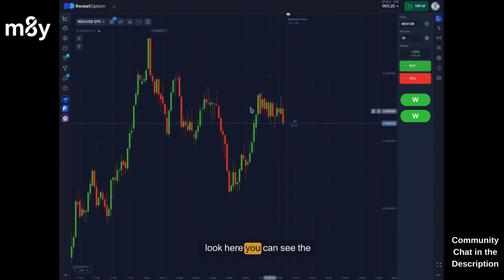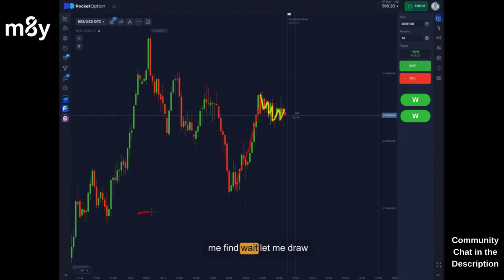When you look here, you can see the price make a zigzag. In such moments, you can think there is a flag. Actually, you are right. But a flag is mostly stronger when the market makes more clear candles. Like how can I show?